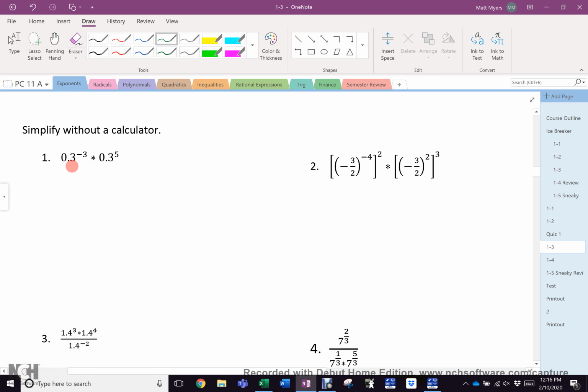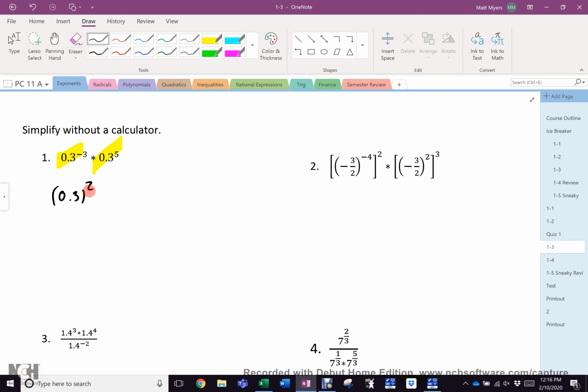This will mix everything we have done so far. Are these the same base? So what do we do with the exponents? Add them. So what do I get? 0.03, oh, not 0.03, idiot. 0.3 squared. What's the answer? No calculators, what's the answer?